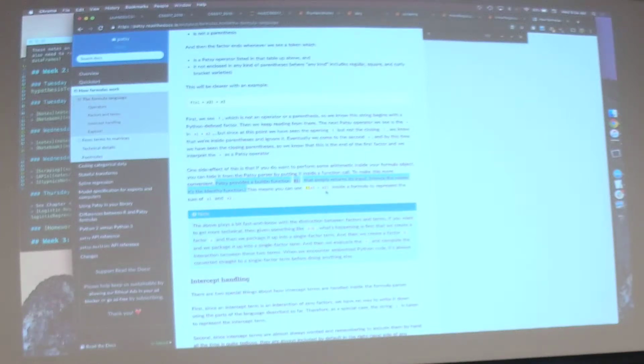Oh, I see. So this is to group something into a term, I guess. This is the kind of thing where probably I would try it without the I, I would get an error, I would Google that error, and on the first Stack Overflow it would say, oh, you need to wrap that in I. I think that is how this type of development goes.